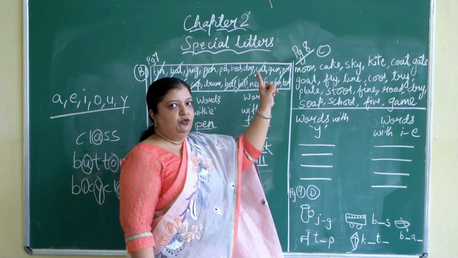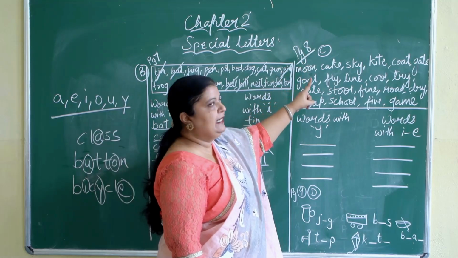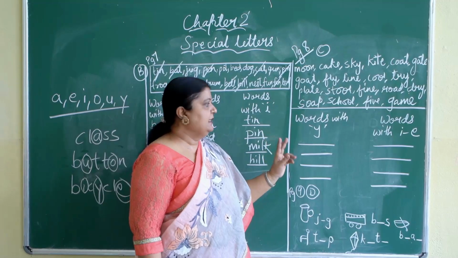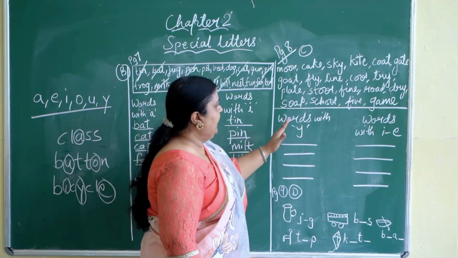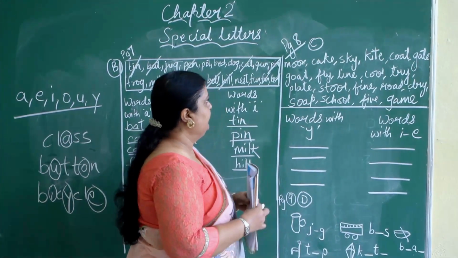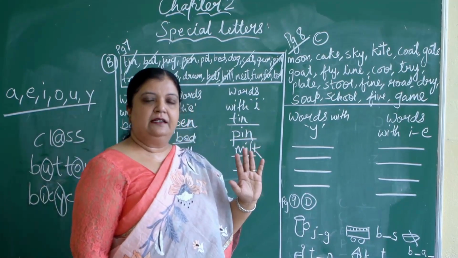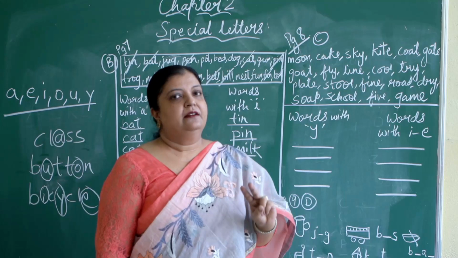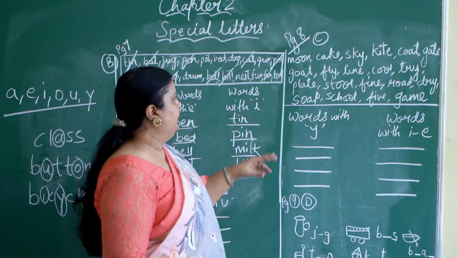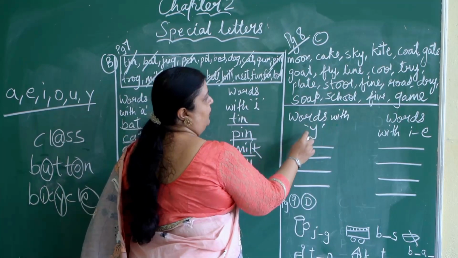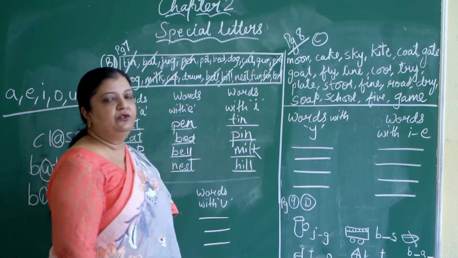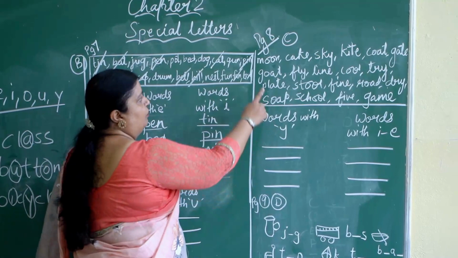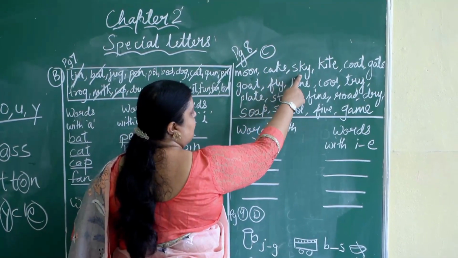Now, we will switch on to page number 8, C exercise. It's the same type of exercise, but with Y, I, E. There are 5 rows in this exercise, so I am going to do 2 rows for you. Rest you can do as homework. Now, words with Y. From this help box, we will choose the words with the special letter Y. Moon, cake, sky.